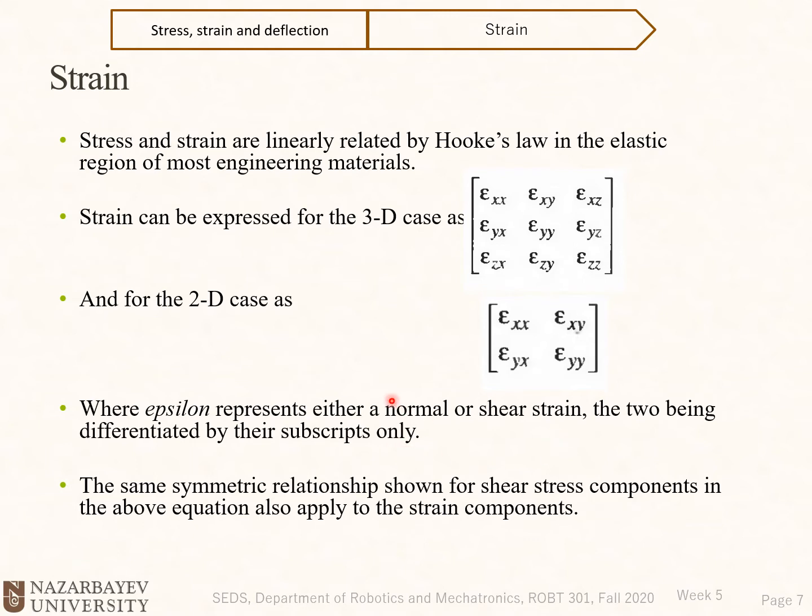Okay, so we have normal and shear strain. The same symmetric relation shown for shear stress components in the above equation also applies to the strain elements. So epsilon xy is equal to epsilon yx.